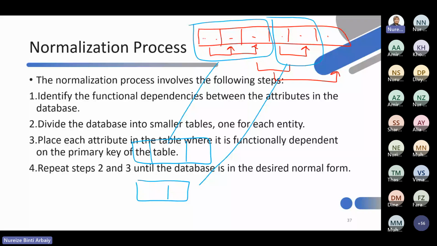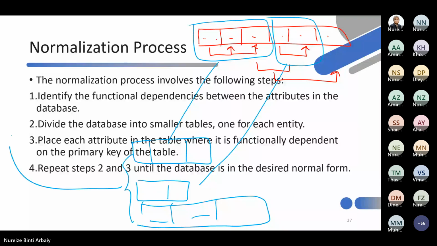So this is what is meant by step number 2, and this is what will be done in step number 1. Finally, you need to assign a primary key as usual, because you know that each table needs a primary key.